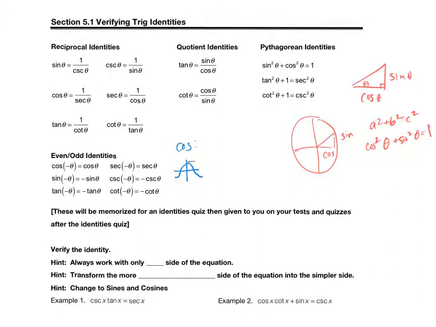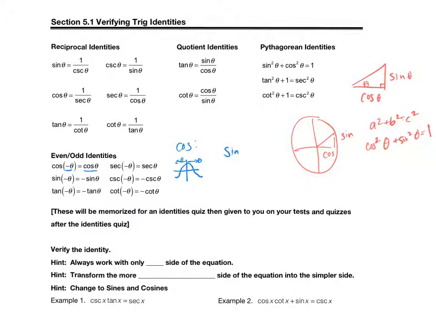If I go the same value of theta this way and negative theta this way, I am going to have the exact same value of my function. So taking the cosine of negative theta doesn't do anything. I'm just taking the cosine of theta. And because secant is 1 over cosine, it follows the same rule.